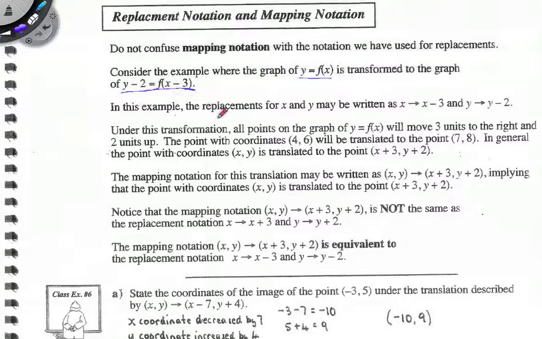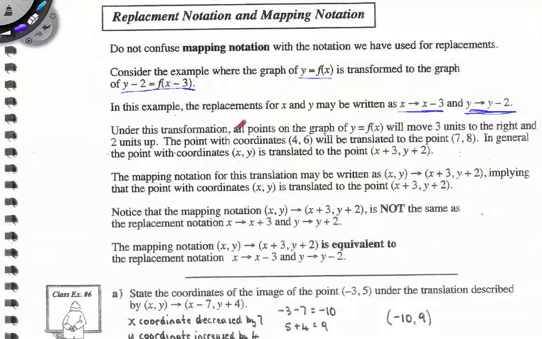In this example, the replacements for x and y may be written as x has gone to x minus 3. So this is notation we've used for replacement. And y has gone from y here to y minus 2. So again, this is replacement notation, what we're talking about here.